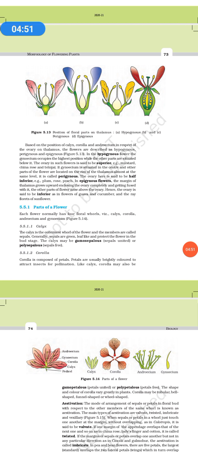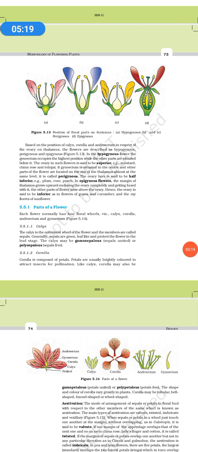So in hypogynous, the gynoecium occupies the highest position while the other parts are situated below. The ovary in such flowers is superior, as in mustard. And then we have perigynous, where the ovary is half inferior. And then it is the epigynous flower, where the ovary is inferior.